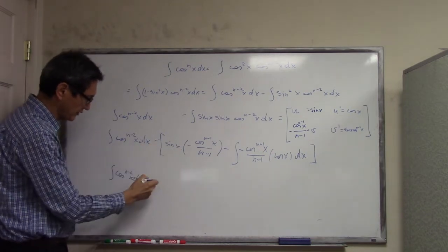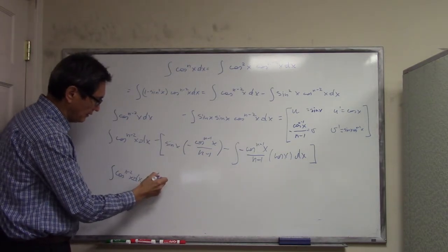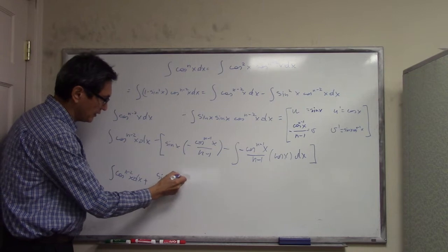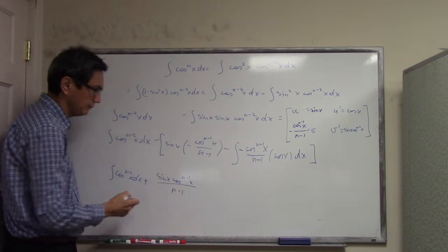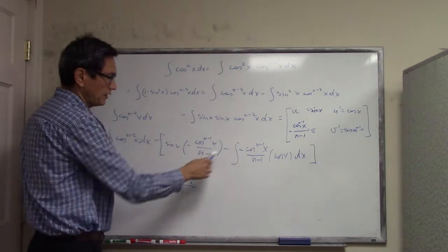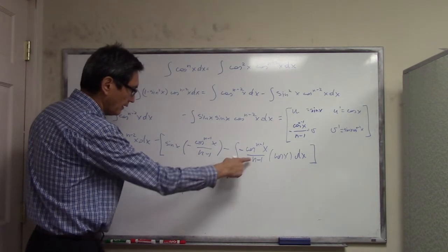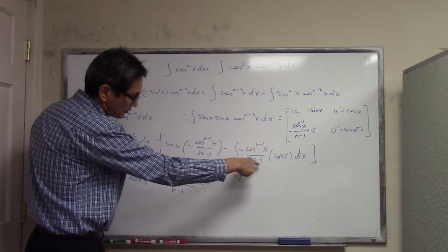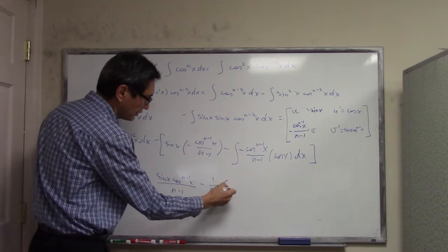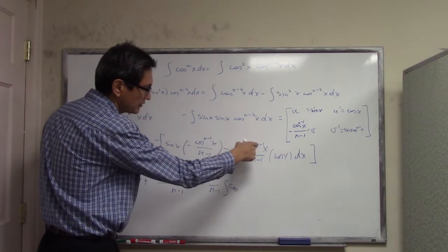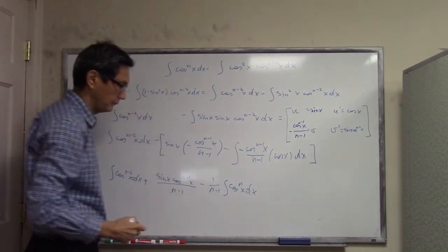Distributing, minus, minus, minus give us plus: plus sine x cosine raised to n minus 1 x over n minus 1. Then three minuses give us minus. n minus 1 is a constant, so I'm going to pull it up in front in the denominator: the integral of cosine to the n minus first power, and the first power give us total power n dx.